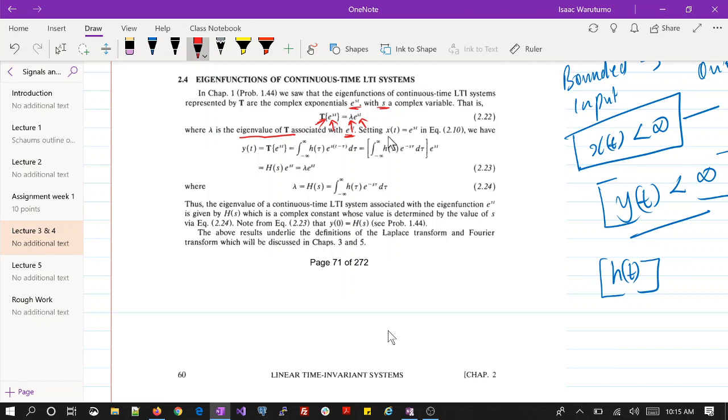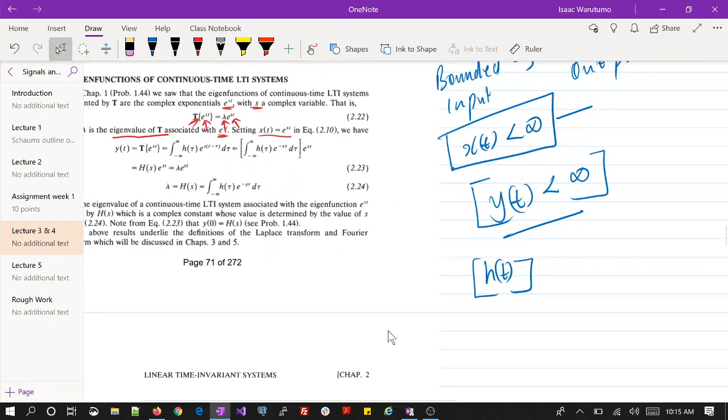So for our input e^(st), we will have the output as such. Let's do that a bit slowly and see how that comes about.